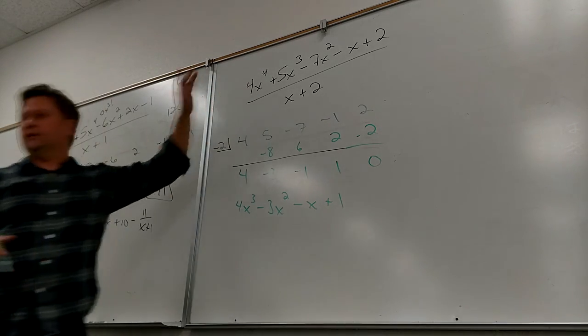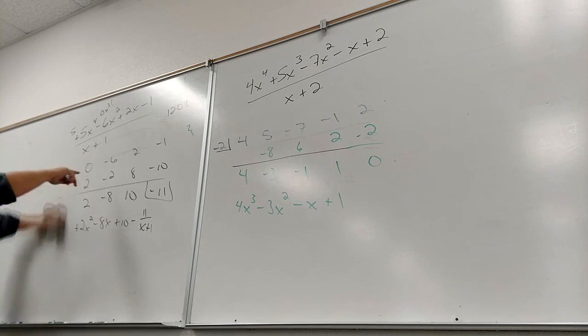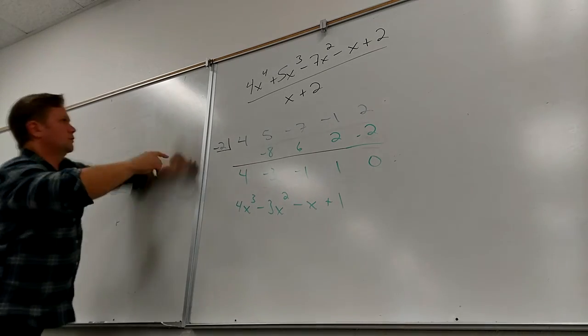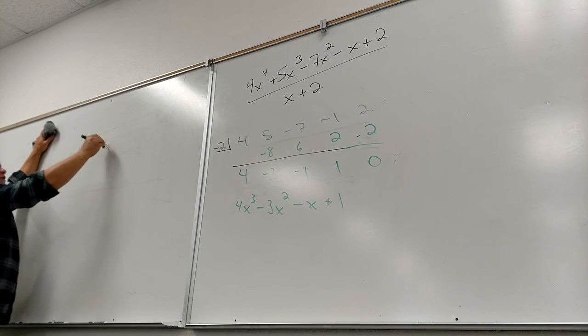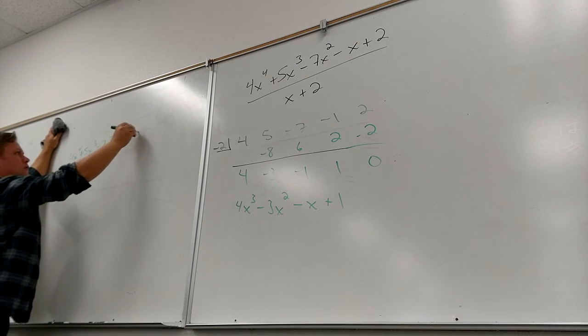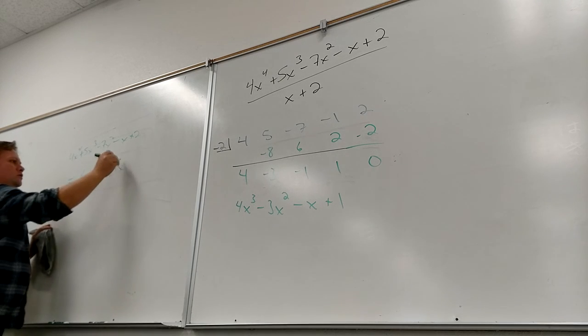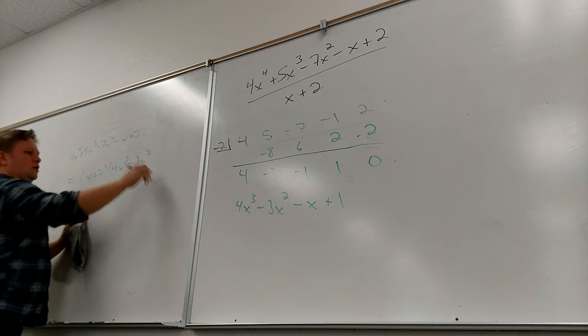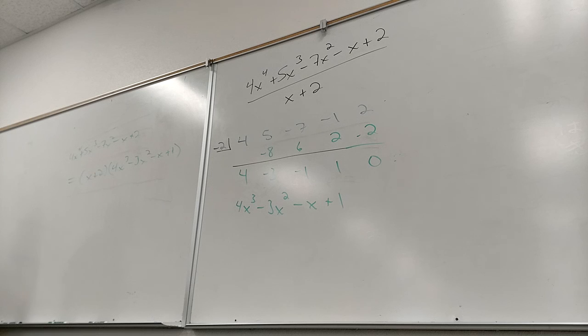All this I'm talking about right now is a little bit extra stuff. So what we just figured out is that 4x to the fourth plus 5x cubed minus 7x squared minus x plus 2 equals x plus 2 times 4x cubed minus 3x squared minus x plus 1. That's what we just figured out. And if you go into pre-calculus, you're going to use the heck out of synthetic division.